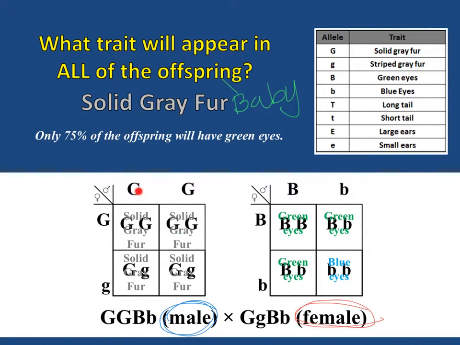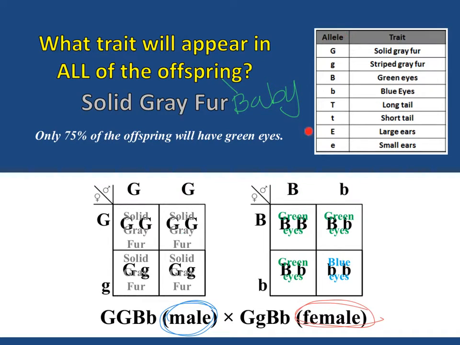So dad's big G goes here, mom's big G, which is right here, goes on the side, and the letter B's go on this side, just like before. So if you look at this box here, notice that each box has a big G. Big G wins always. It beats the little one. It is the dominant allele.